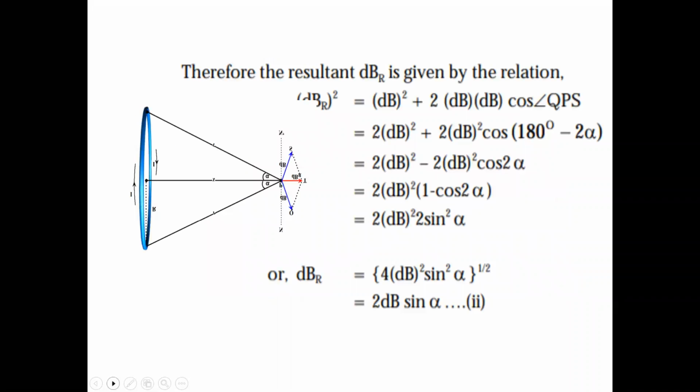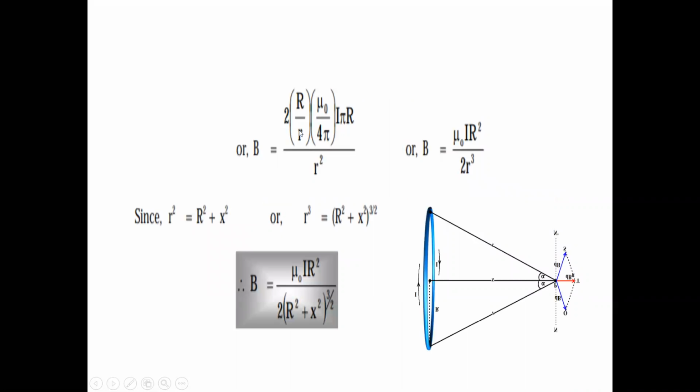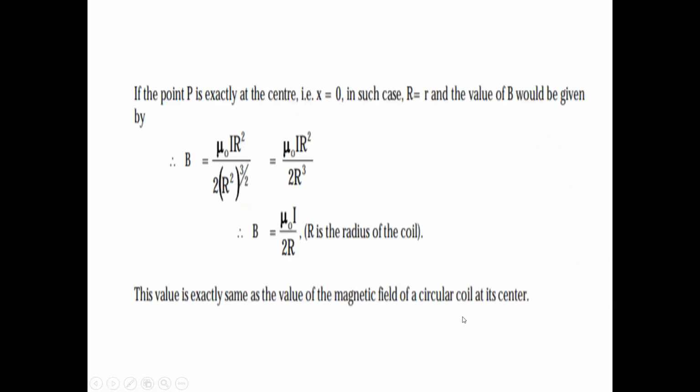So replace it. So here the B expression is 2 sin alpha Ki; in the next step there is no sin alpha, since sin alpha is replaced by capital R by small r. So it is clear that here it is alpha, and sin alpha is equal to the radius capital R by small r, opposite side by hypotenuse.